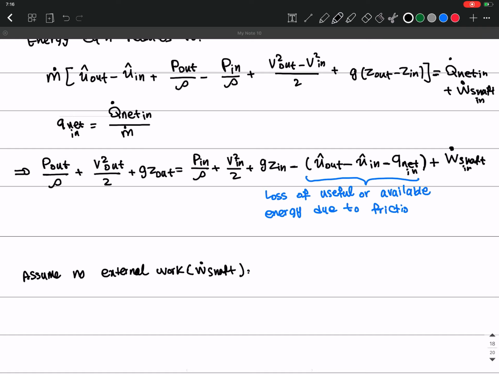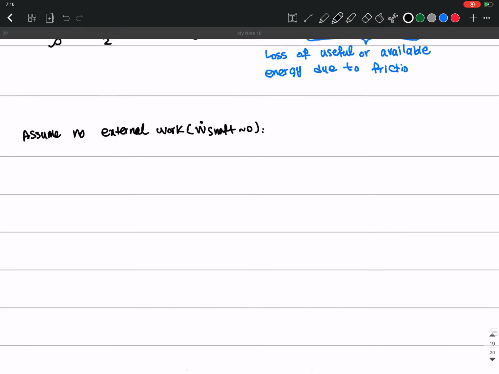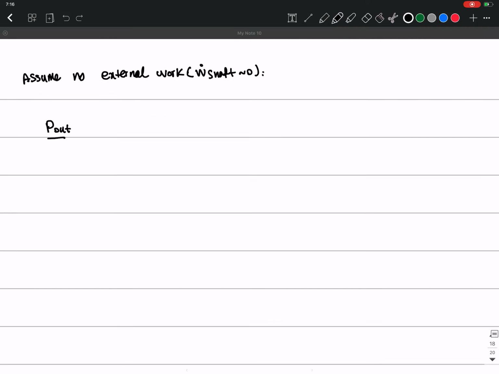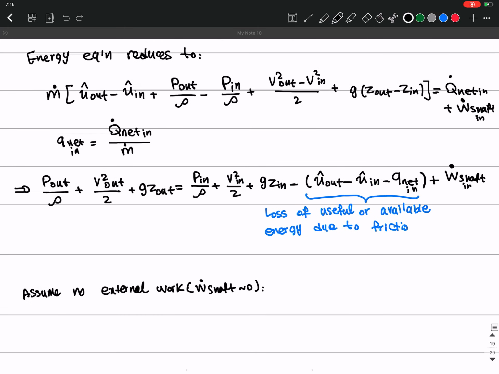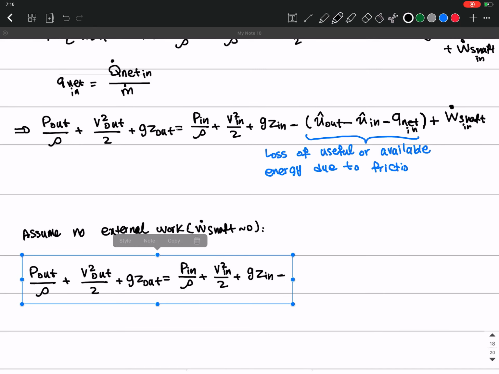Then we can write this as P out over rho, let me copy this, that would be easier. Minus, instead of that formula for internal energy and heat, I just write it as loss of available energy, okay? And what is this? If you look at it, this is a very important formula.